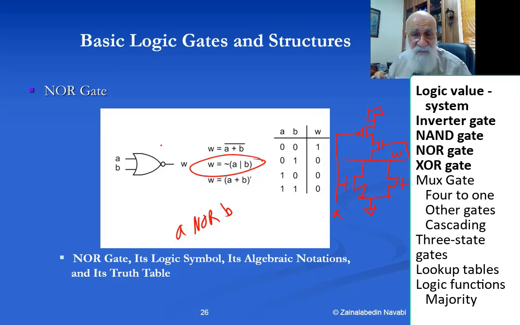So this is the symbol. Something I did not mention about the inverter, or actually about these bubbles, is that you can put the bubble anywhere you want. So when you draw an inverter, this is an inverter. This is also an inverter. For the AND gate, this is also a NAND gate.